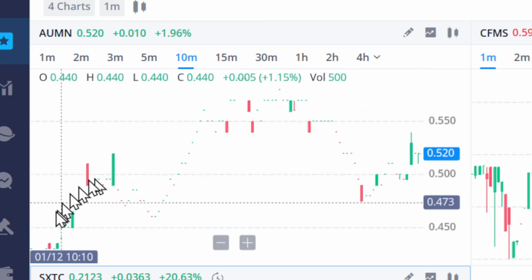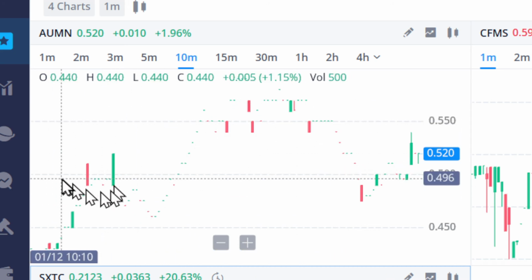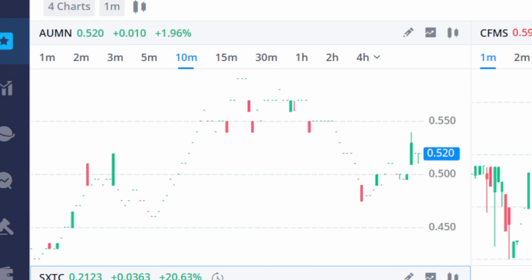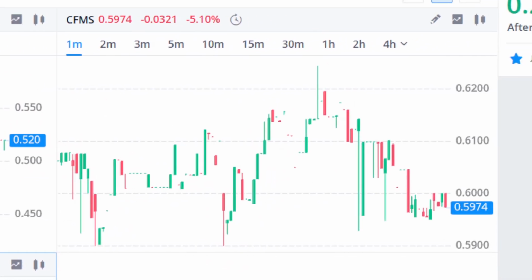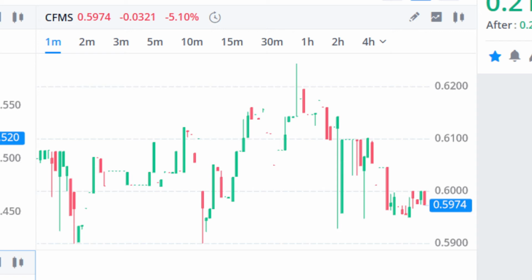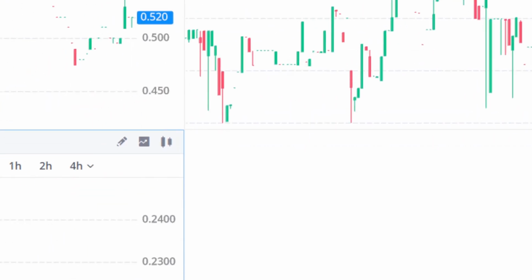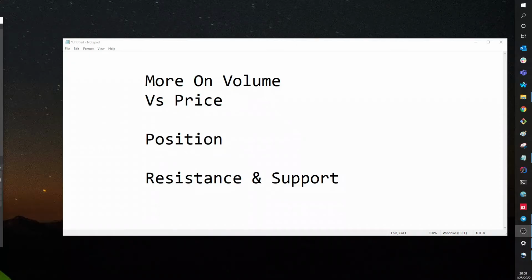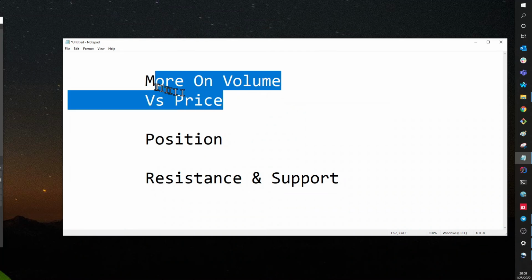It's also important to have buyers and sellers, and that's typically where you see these candles. If we take a look at another stock like CFMS, you can see that there's more people transacting here, and same with SXTC. Okay, we covered what I wanted to say about volume versus price and trading.